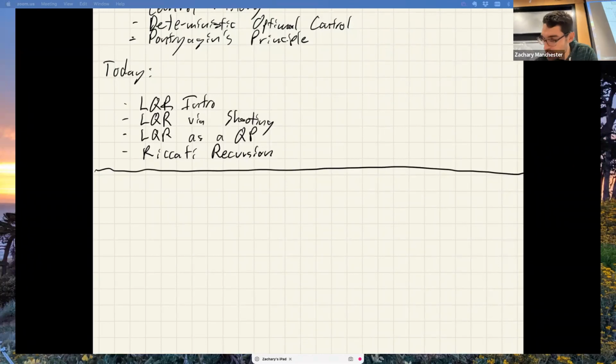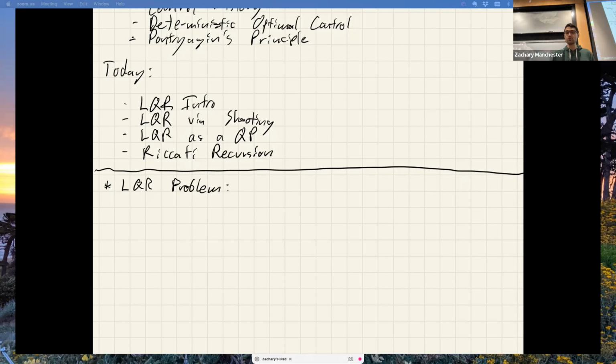So the first thing to talk about is this LQR problem, which is a big deal in control theory. It is the optimal control problem that we can solve in closed form. So this is the playground of control theorists. It's where you can actually prove things and get nice closed form results, so it's very big as a theoretical construction.